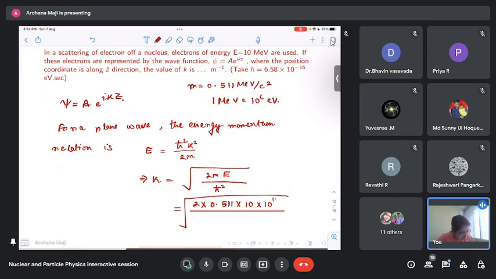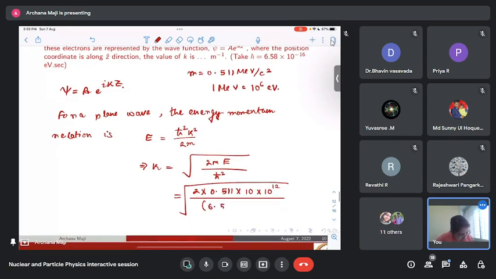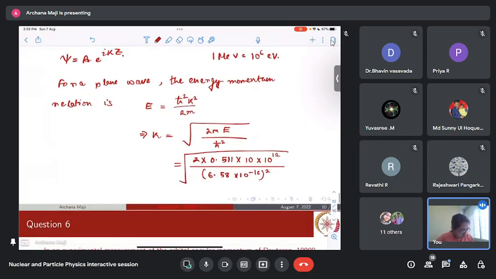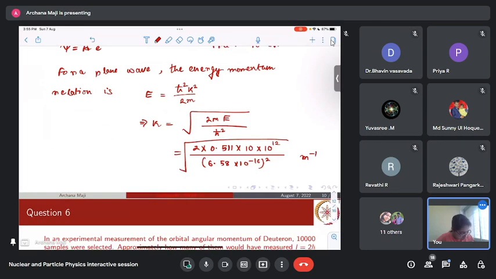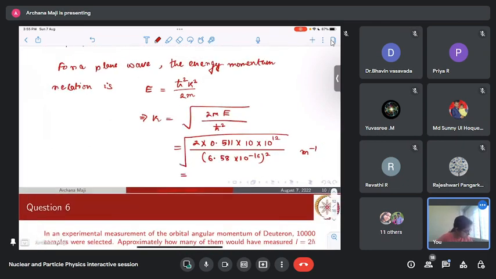So 10 to the power 12, 10 to the power 6 comes from m, and 10 to the power 6 comes from E, divided by h cross square. So it will be in the unit of meter inverse. Okay, if you calculate this, you will get 1.61 into 10 to the power 13 meter inverse.